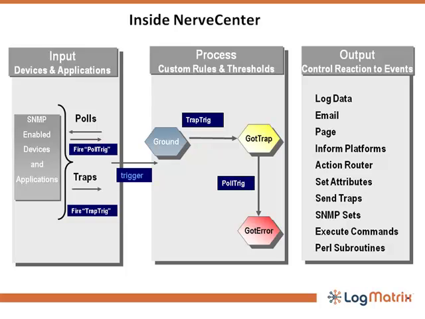Some of the possible actions are log the data, create an email, send a page, inform one of our platforms, run an action router rule. We can set an attribute. We can send other traps. We can do SNMP sets. We can run or execute commands from the command line where we actually exec out and run a command line function. And we can run Perl subroutines.